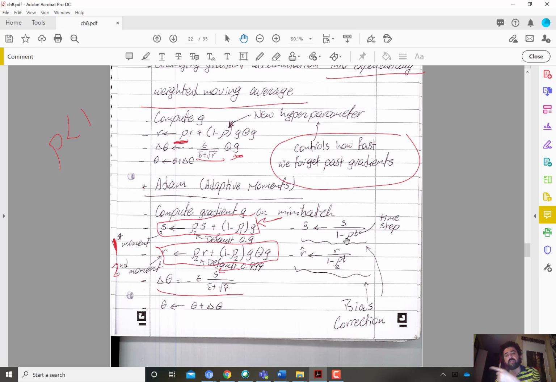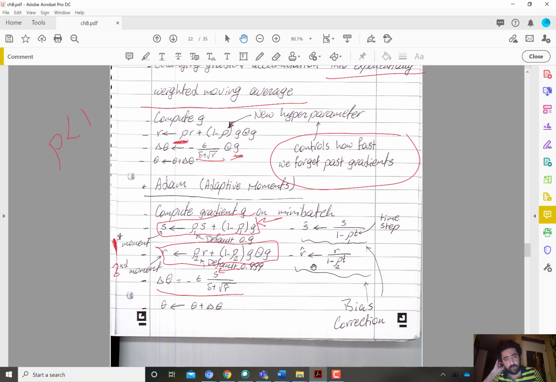And in further iterations, the power of rho gets raised because there is a multiplication by rho in every iteration times the old value of S. And the same thing for R, right? So S and R are what's called bias correction steps to make up for the 0 initialization of R and S.